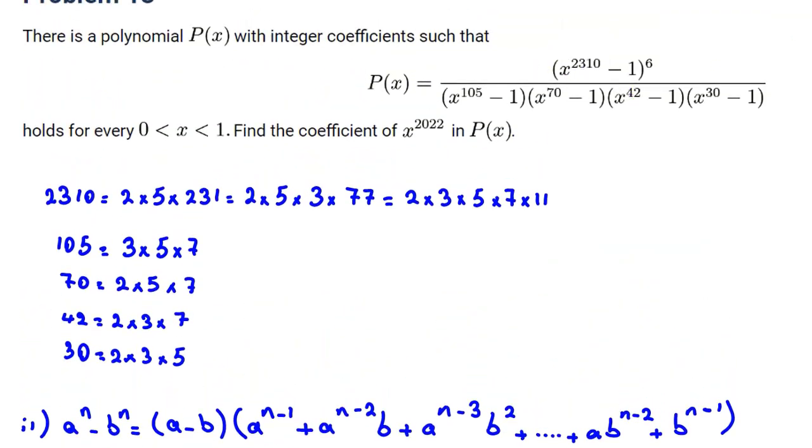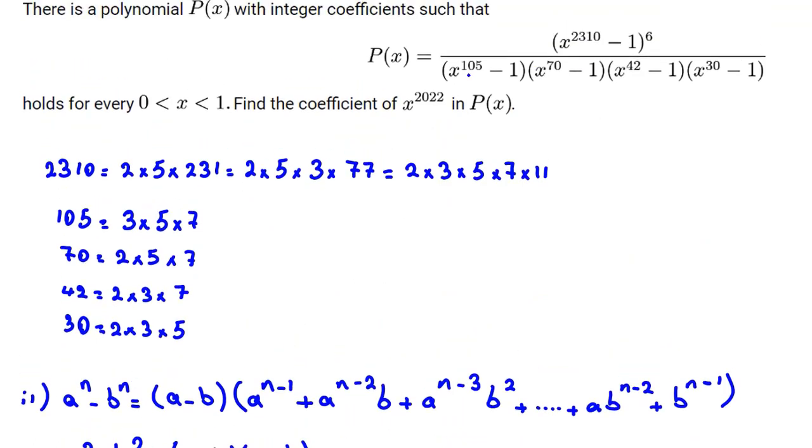So as you can see, for example, I want to find the relationship of this and this. I want to say that this one is a multiple of this one. How can I say that? I say, okay, x to the 2310 minus 1 and x to the 105 minus 1, I want to find the relationship.